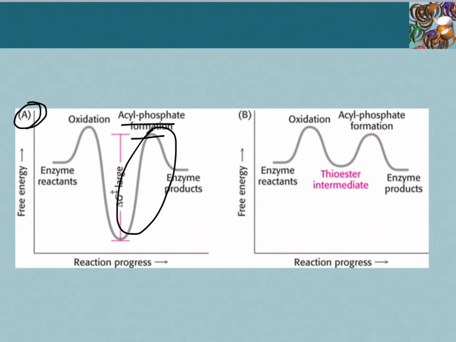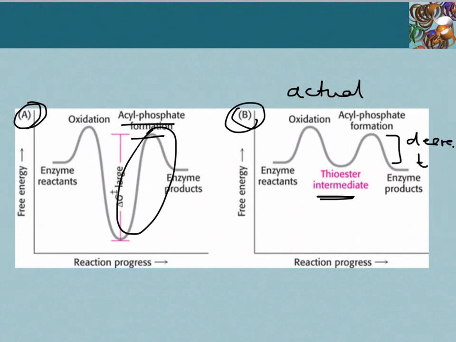If you look at B, which is what actually happens biochemically, the two reactions are coupled through the thioester intermediate. So this greatly decreases the activation energy for the reaction and allows it to proceed.